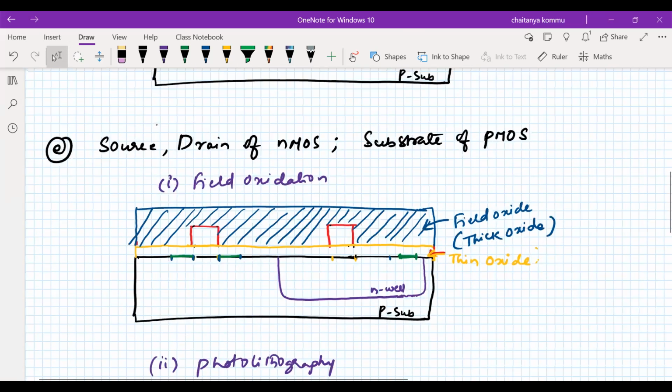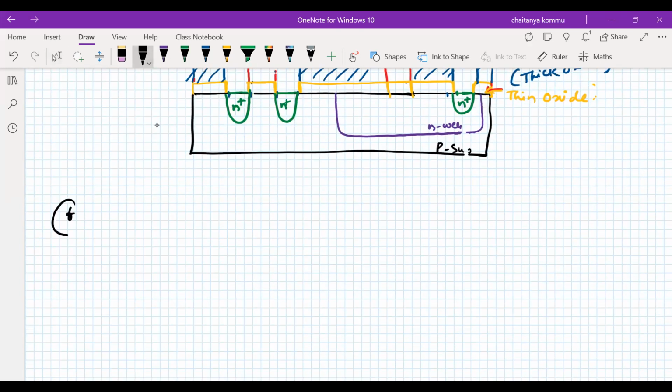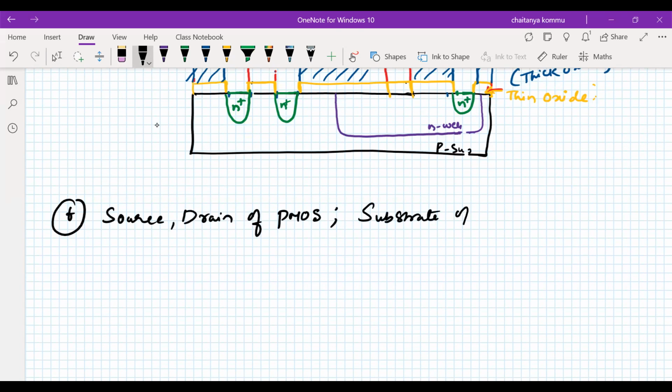The next step is now the source and drain of the PMOS transistor, and the bulk substrate of the NMOS transistor.